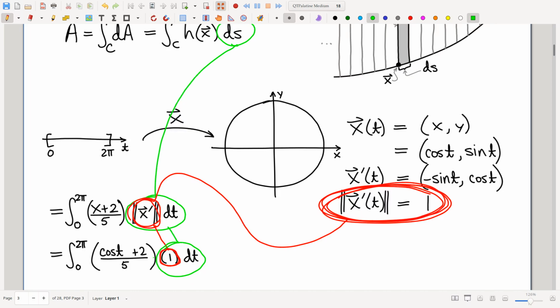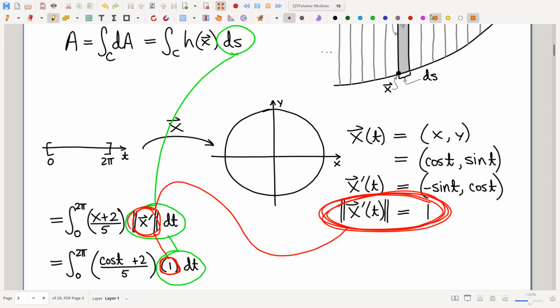We are given explicitly in the statement of the question that height as a function of position is that. And the sneaky, elusive, easy-to-forget last plug-in aspect of things here is: what is x? We've got this x sitting right there. What's the deal with x? Well, it comes out of the parameterization, and it says so right there. x is cosine t.